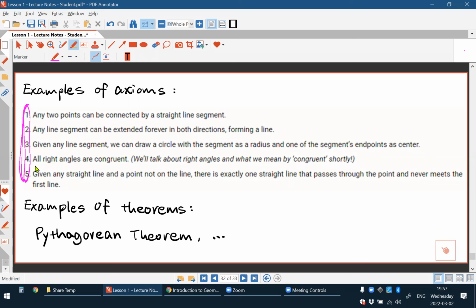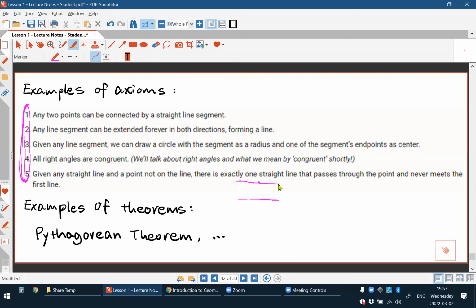And the fourth one is all right angles are congruent. Okay, we'll talk about the concept of congruent in the later chapters, okay? And another point is, given any straight line and a point not on the line, there is exactly one straight line that passes through the point and never meets the first line.